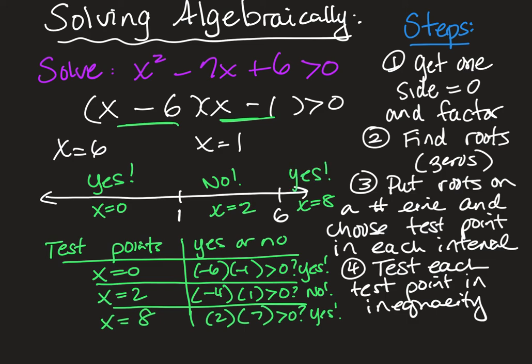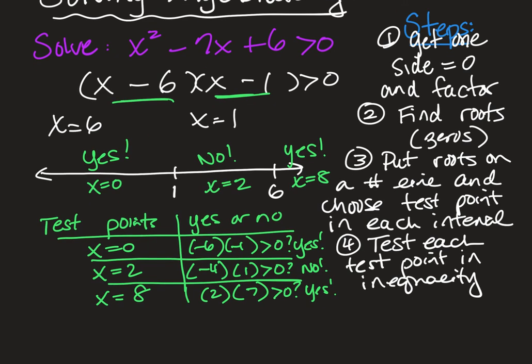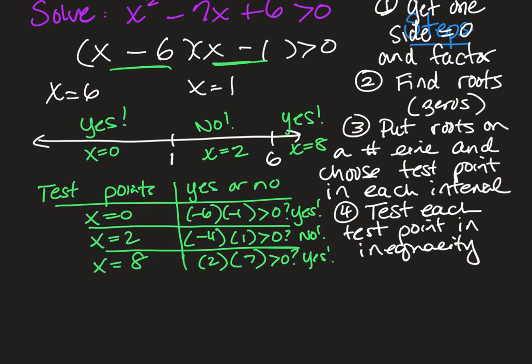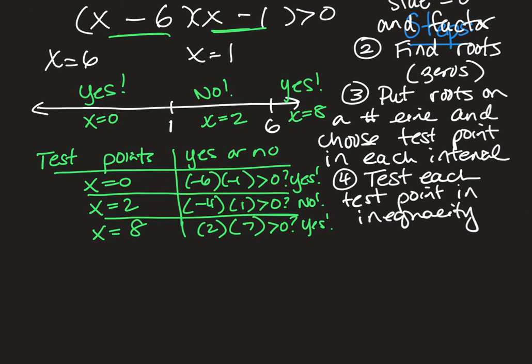So we found our solution. Everywhere where we said yes is our solution. And now we're ready to write our solution out. All my solutions are where I wrote yes, so that would be from negative infinity up until 1. This one did not have an equal to again, so I'm not going to put the hard bracket, I'm going to put a soft bracket.